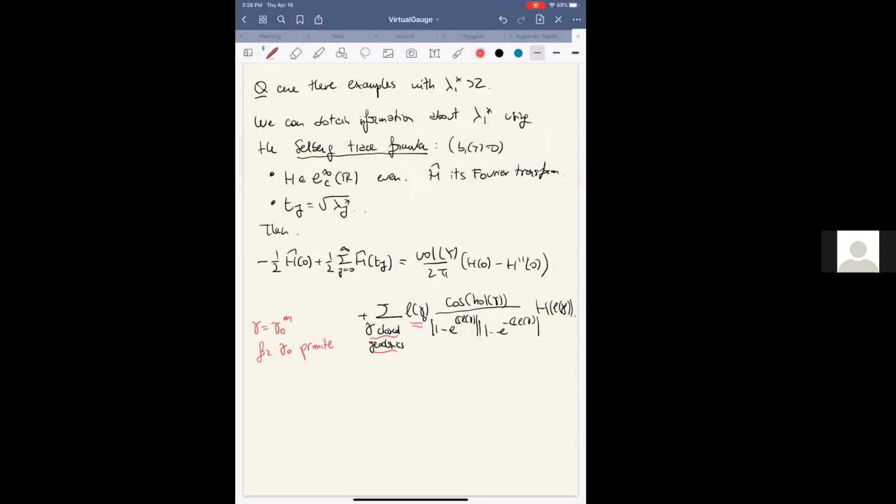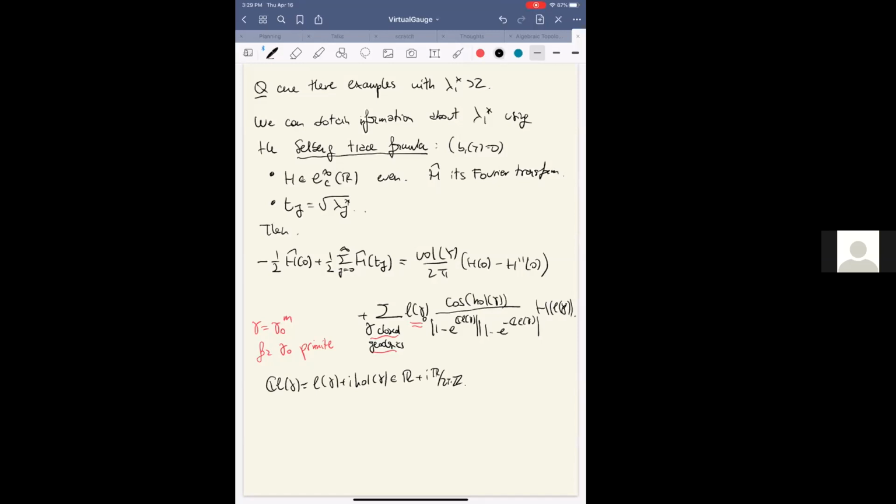If you remember, the complex length was the real length plus i times the holonomy of gamma, which lives in R plus iR over 2 pi Z. So we're taking the exponential of it, so we don't have to worry about whether it's well defined or not. So we have the cosine and then the function evaluated at the length.